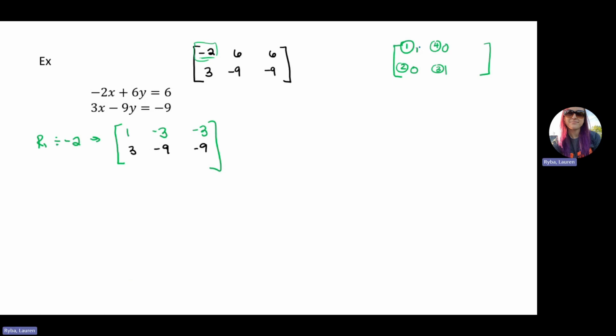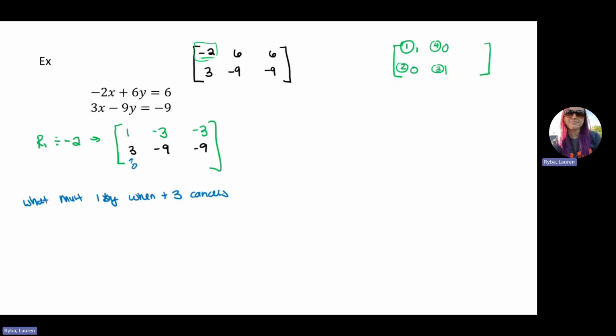All right, so step 2 is to turn what's underneath the 1 to a 0. The way you do that is with an elimination. So what do I need to multiply 1 by that if I add it to 3 cancels it out? Well, if I multiply by 3, 3 plus 3, that doesn't cancel.